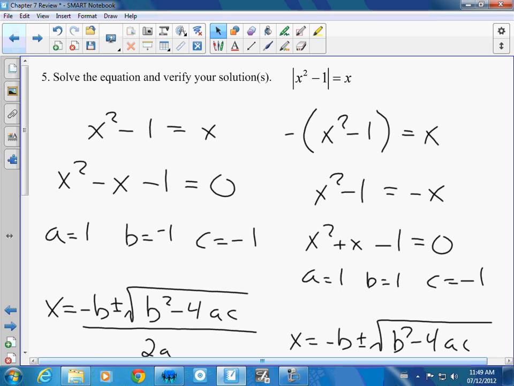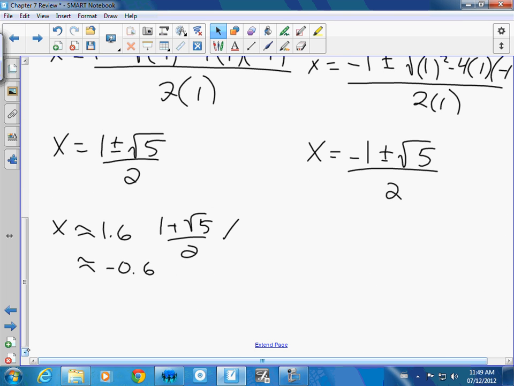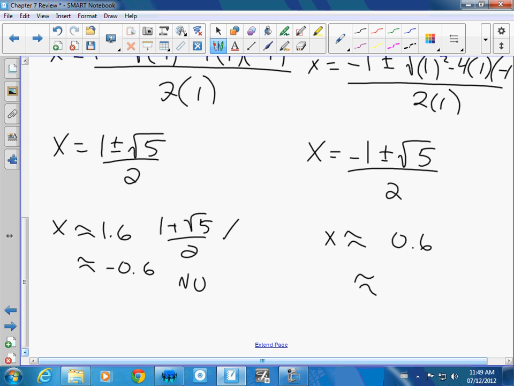No. So you know right away, oops, this one's a no. Right, because of the negative. Okay. What are these two approximately? Right, because the only difference is the negative in the front. So it's going to be 0.6 positive, and the other one's going to be negative 1.6.